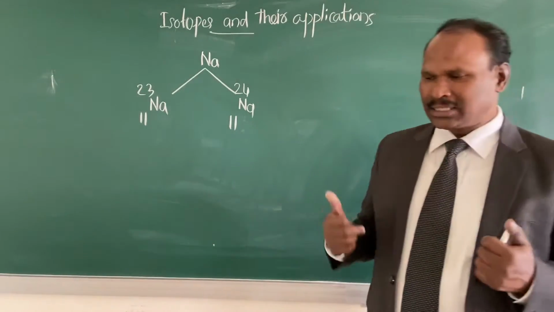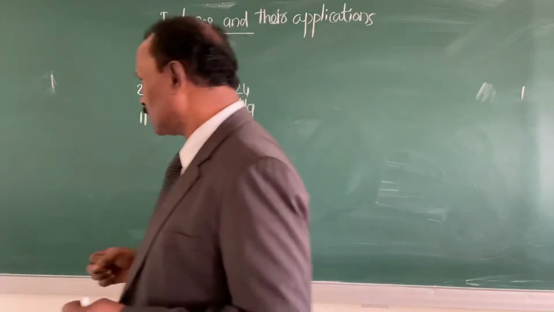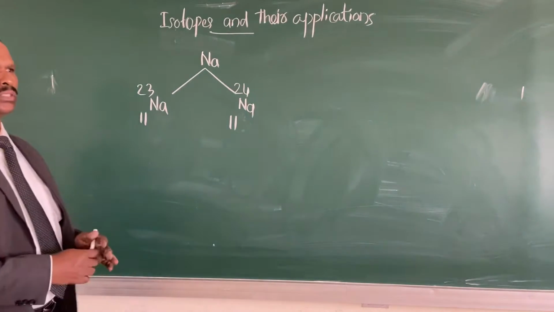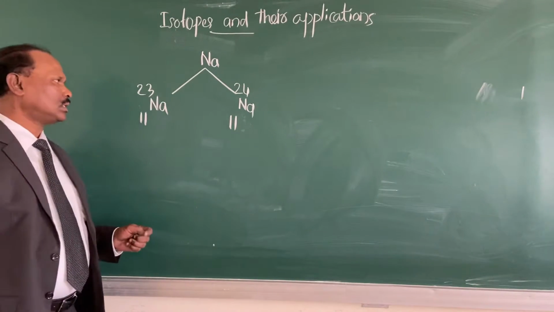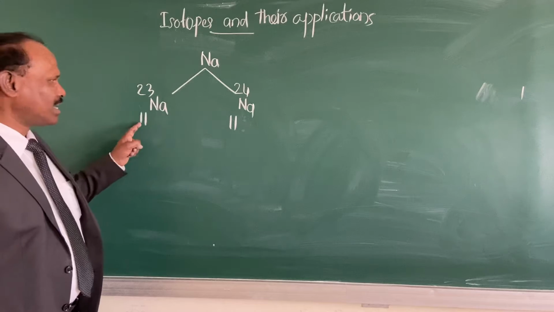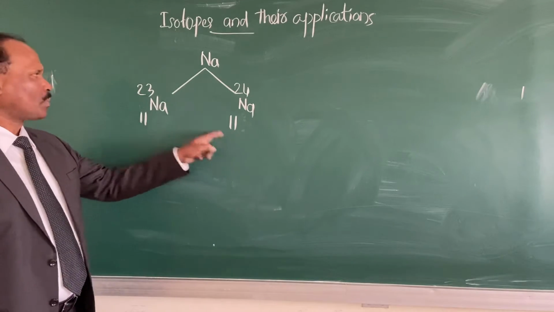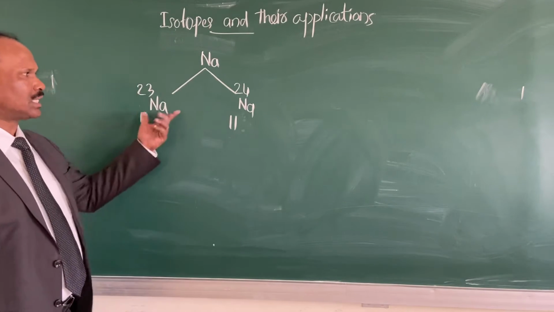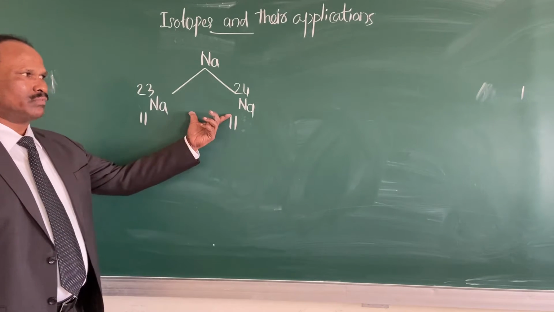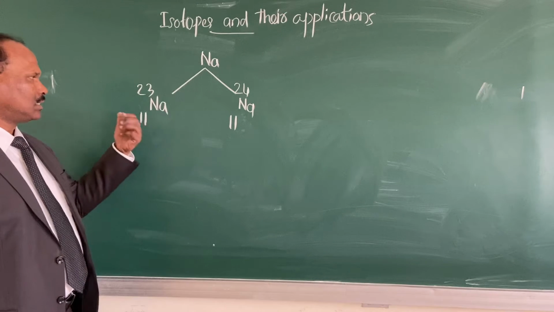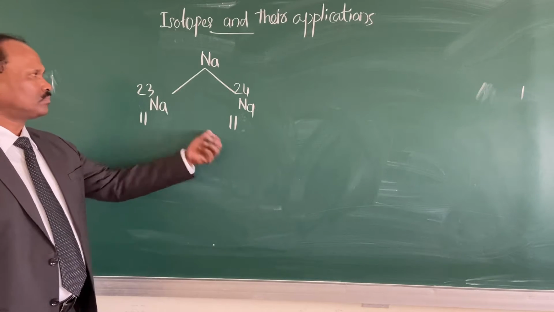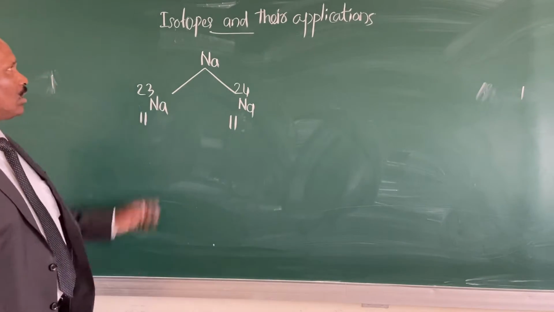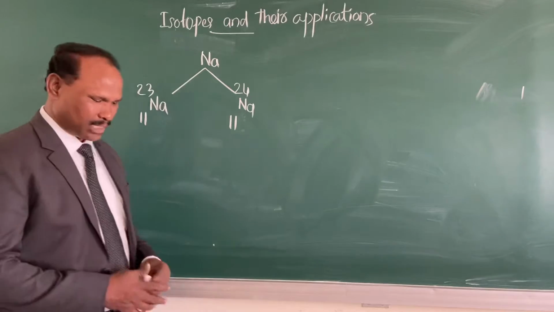So here you are noticing these are the two atoms of the same element, that is sodium, having the same atomic number but different mass numbers. Such atoms which have the same atomic number but different mass numbers are called isotopes of an element.